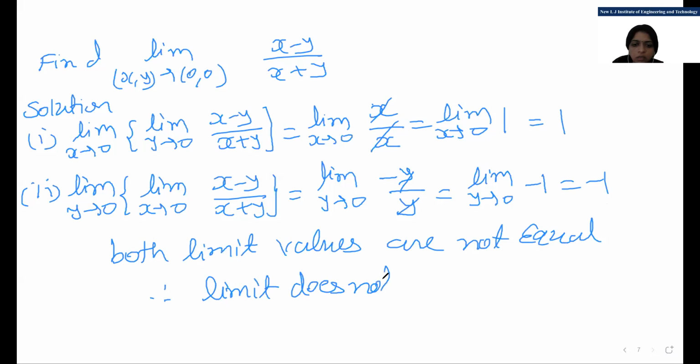Understand? So, see, we are checking for the origin point, right? If both limits are different, then we can say that limit does not exist. But what happens if both limits are the same, if this one is 1 and this one is also 1? Then we have to go for a different path.